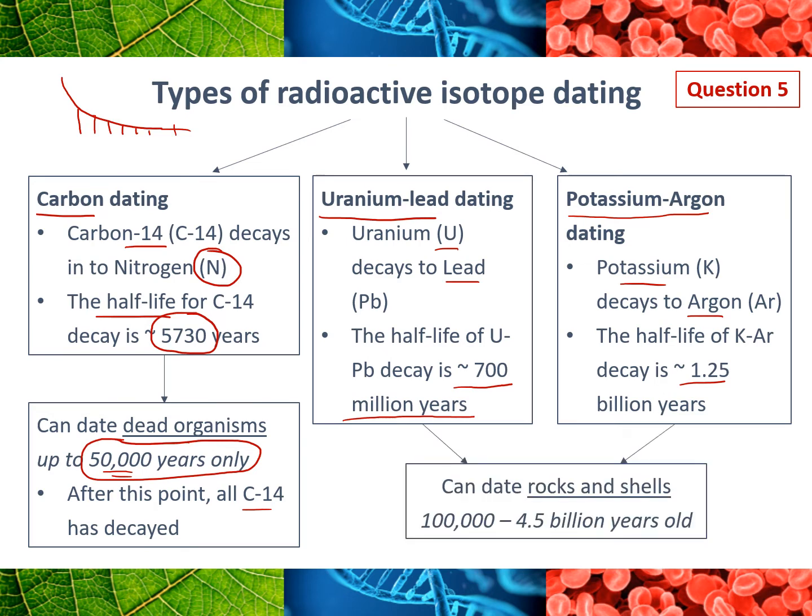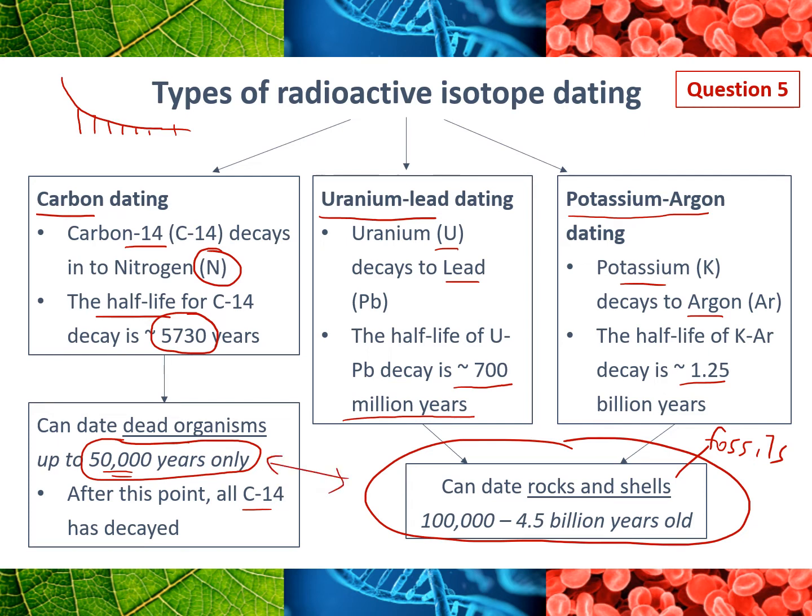Okay, so this is what you need to know when it comes to uranium, lead, and potassium argon dating. It can be used to date rocks and shells and fossils that are found within those rocks between 100,000 and 4.5 billion years.